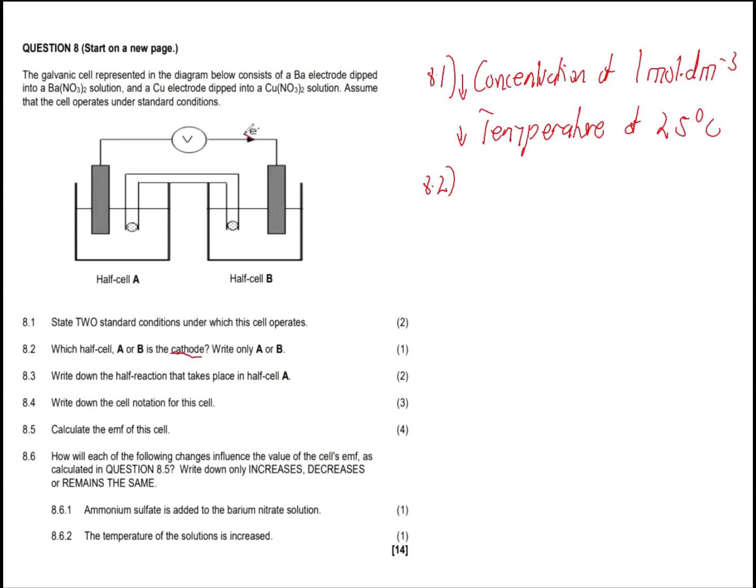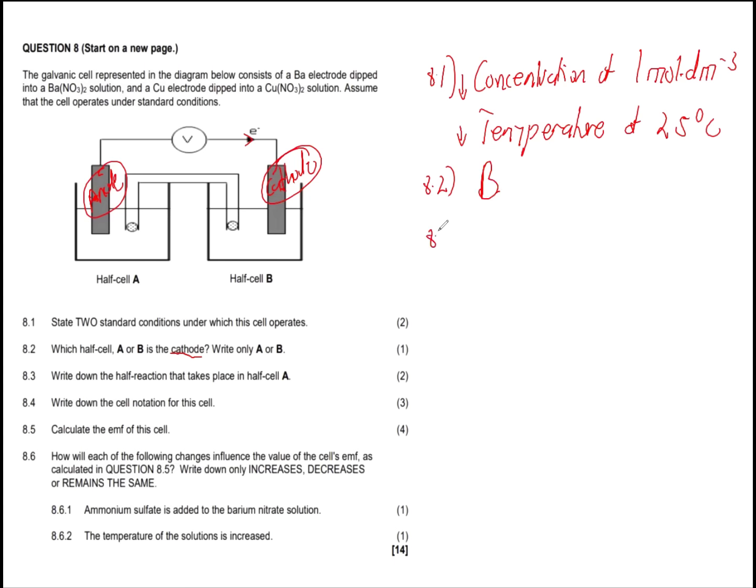Now, given the arrow of the electrons here, we can see that these electrons are migrating from this half cell to this half cell here. So, or from this electrode to that electrode. So this means this has to be the anode and that has to be the cathode because the electron flow is always from the anode electrode to the cathode electrode. So that means we only have to say what? B.